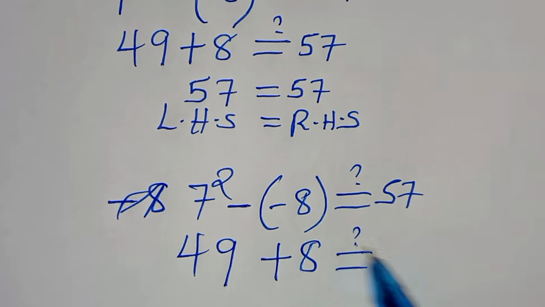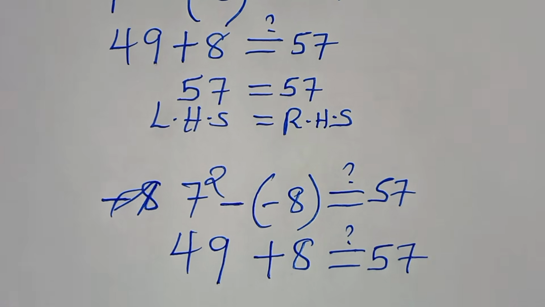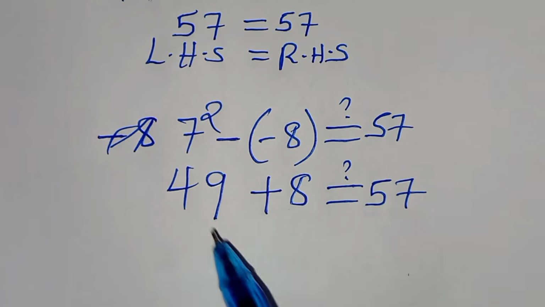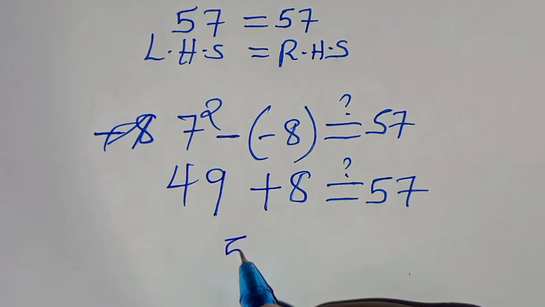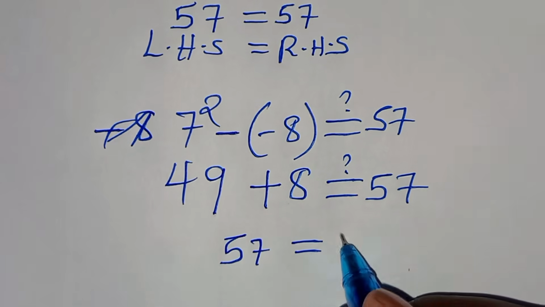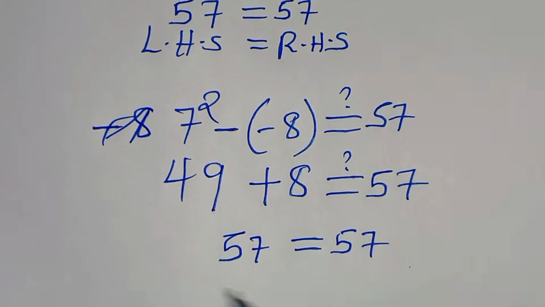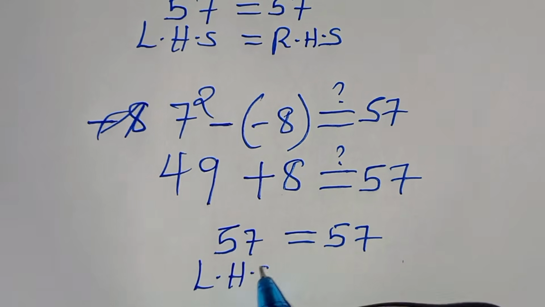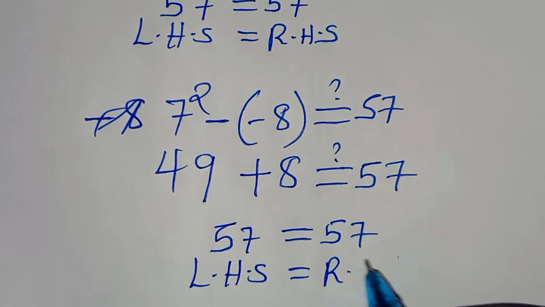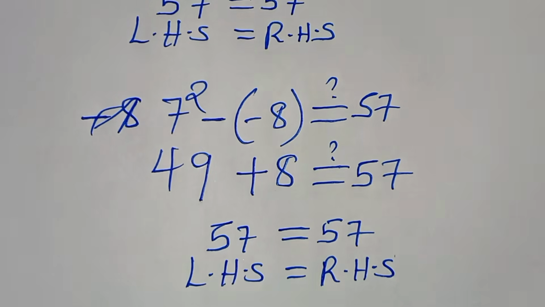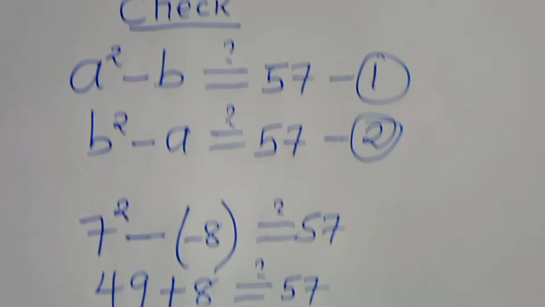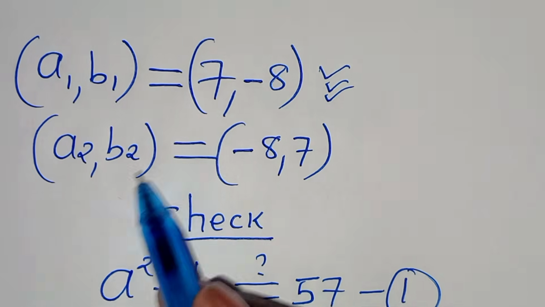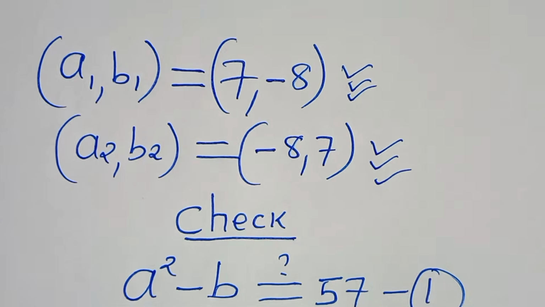So we have 49 plus 8, which is equal to 57, which is equal to 57. So this implies that the left hand side is equal to the right hand side, and this affirms that the second set of solution here, A2, B2, also satisfies the equation.